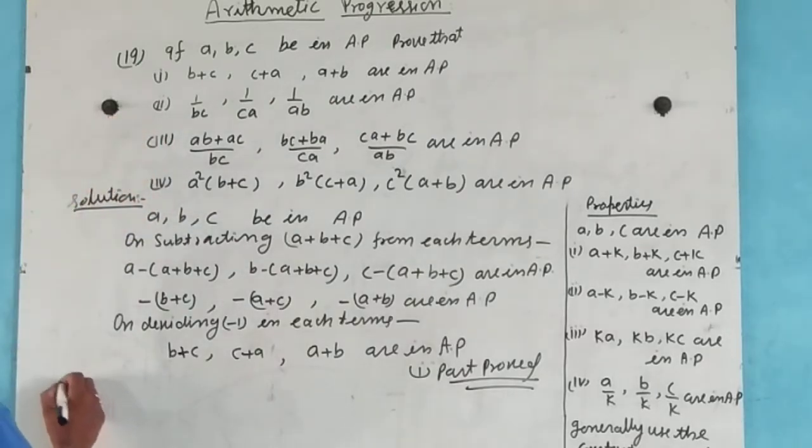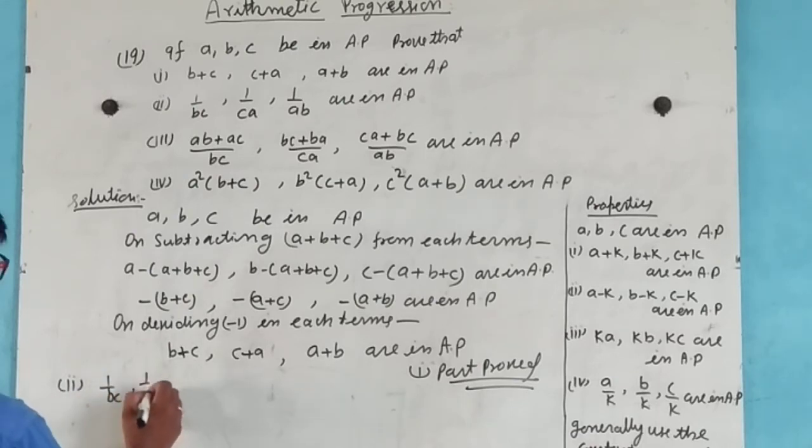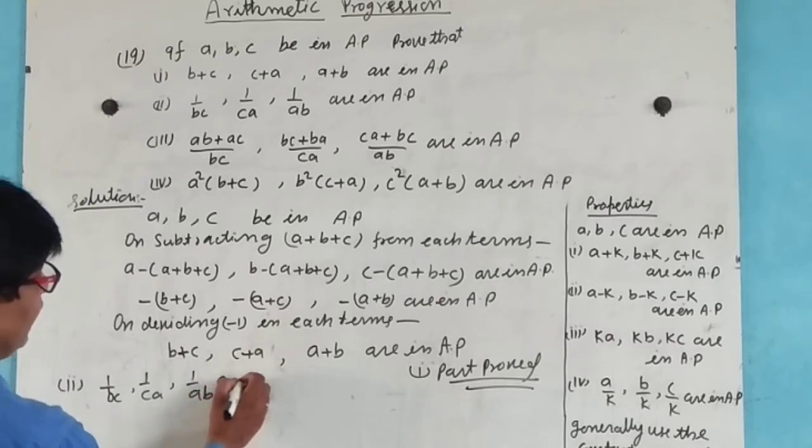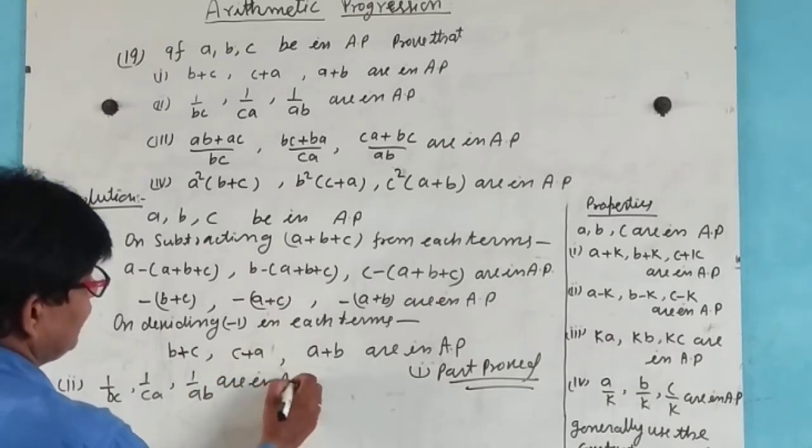Second, we have to show that 1 by BC, 1 by CA, 1 by AB are in AP.